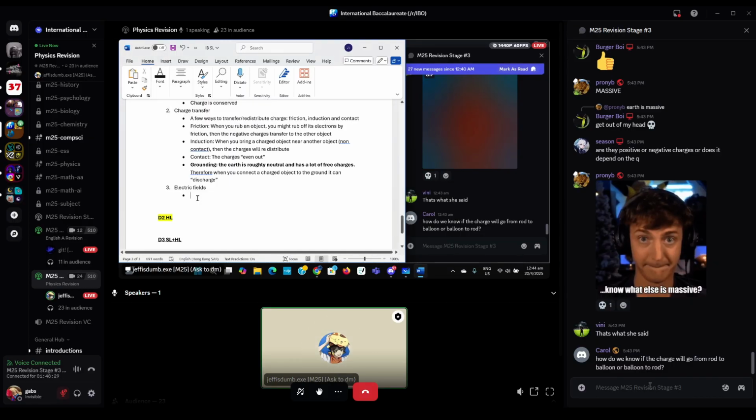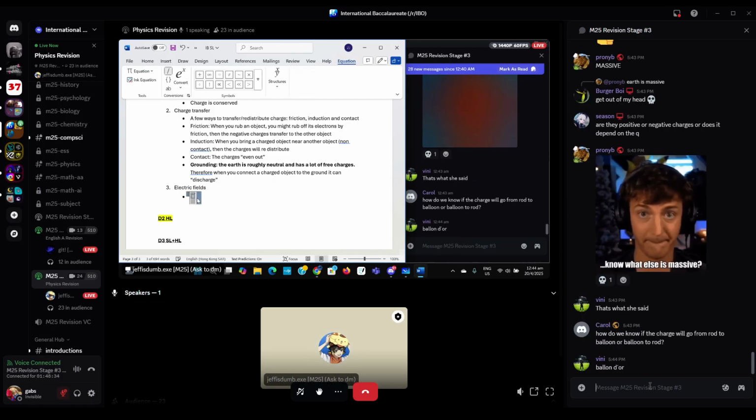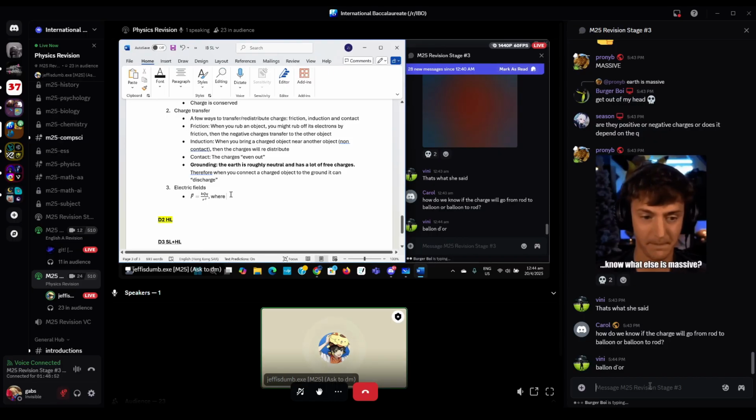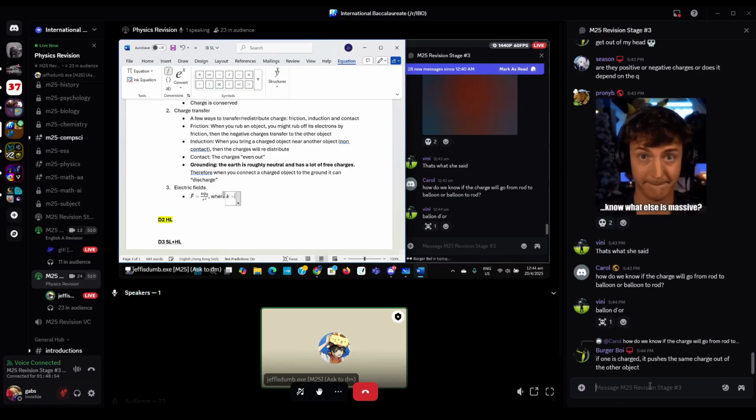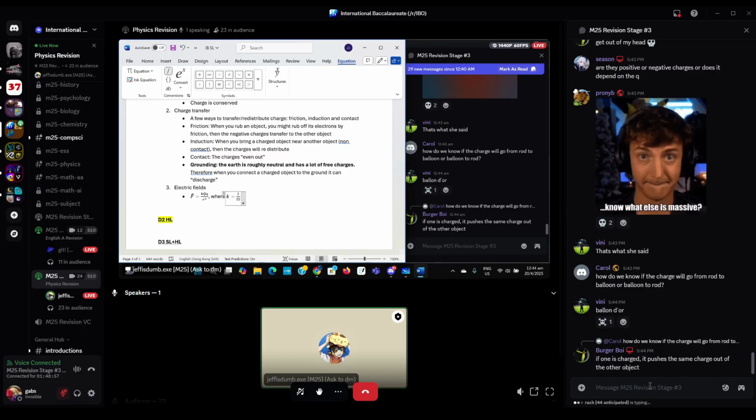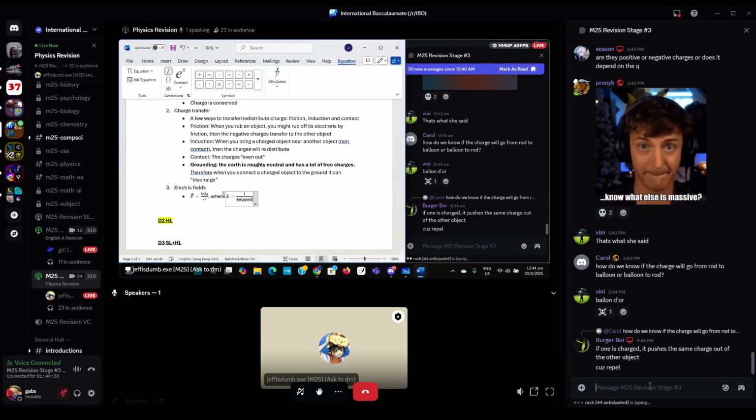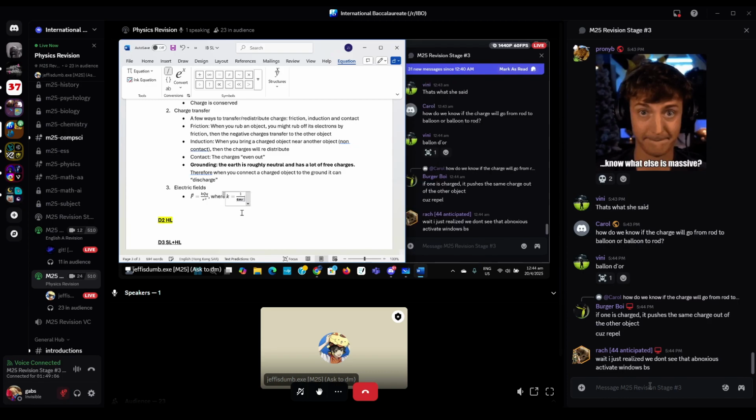The electric force is defined by F equals kQq over r squared, where k is Coulomb's constant, k equals 1 over 4 pi epsilon naught.